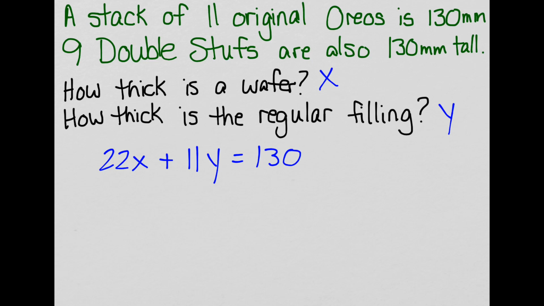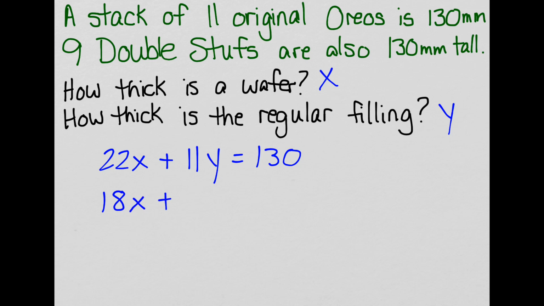Okay, now let's see if I can describe the double stuff stack without saying the wrong thing. I have 9 double stuff Oreos in a stack. That means I have 18 wafers, and they are just the same as the regular wafers. So I have 18 of those.